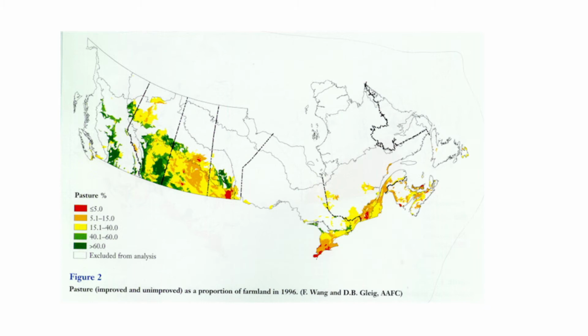But the main thing to note here is that our intensive pasture-based cropping systems are located in the western part of the country. That's the Fraser River Valley in British Columbia and also the western part of the prairies. There are some pockets in Ontario that are very highly pasture intensive. You have some areas of eastern and northern Ontario, but again, that's changed over the last 24 years.